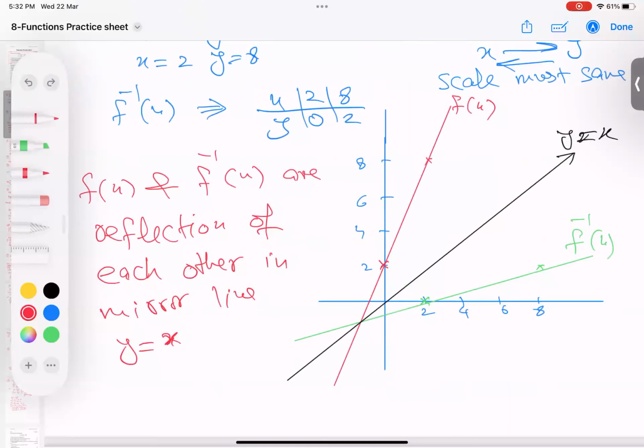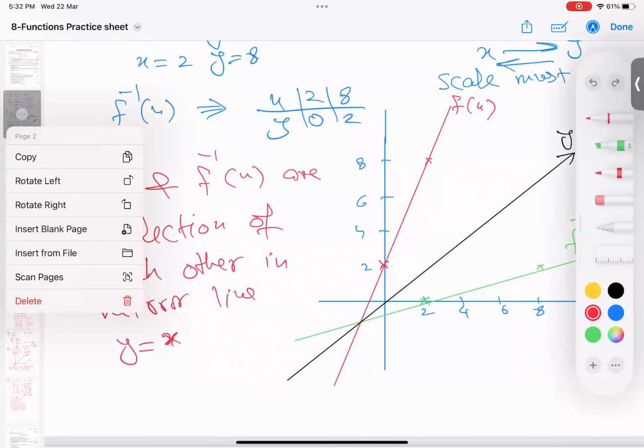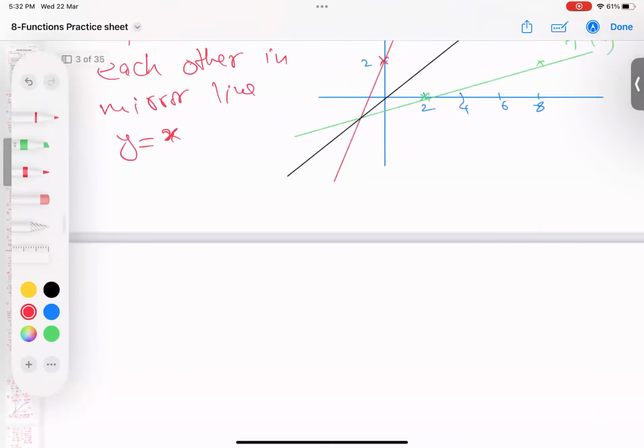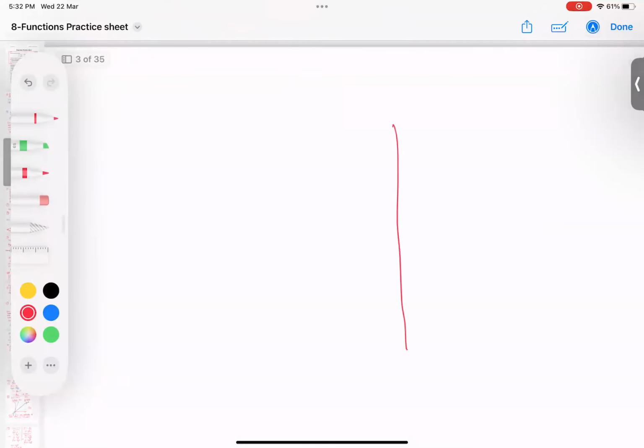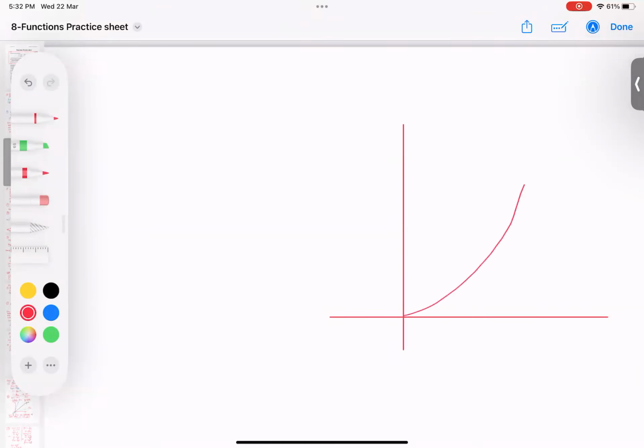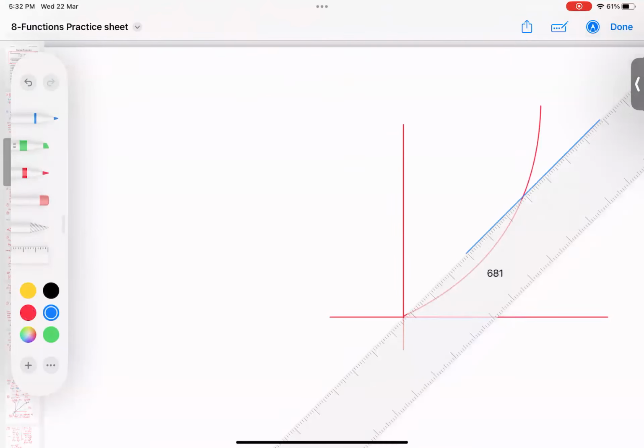Even if we have a parabolic curve, not a straight line. For example, let's say I have this kind of curve. First of all, I will draw this line with a scale, and this is your middle line.